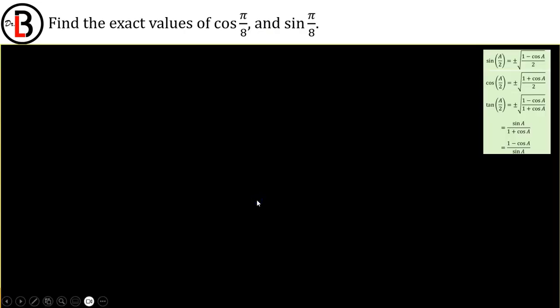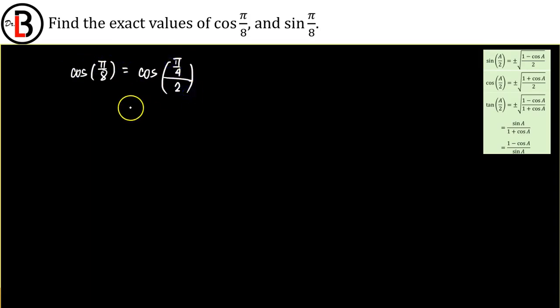So let's try. Find the exact value of cosine of pi over 8 and sine of pi over 8. Without calculators, how do we do this? Basically, cosine of pi over 8 is cosine of pi over 4 all over 2.